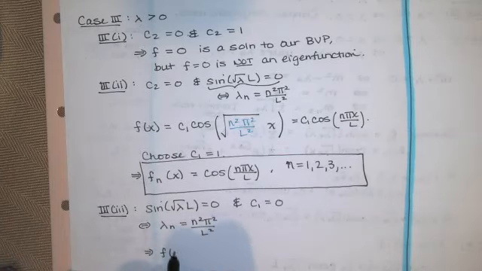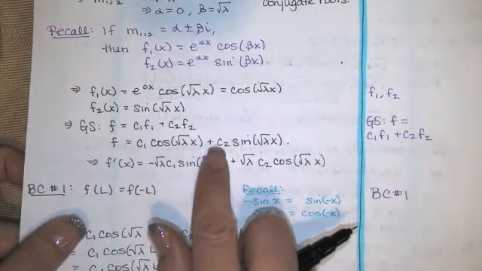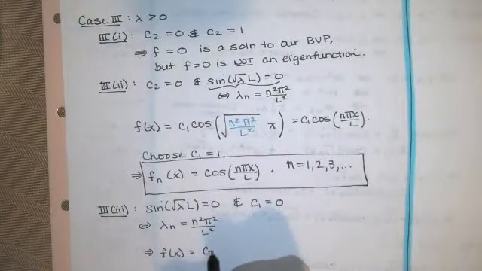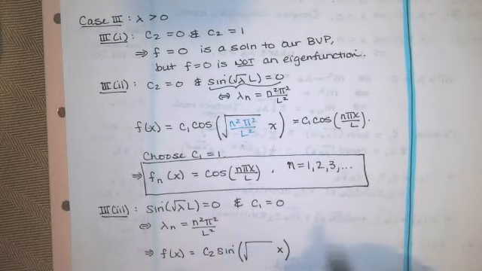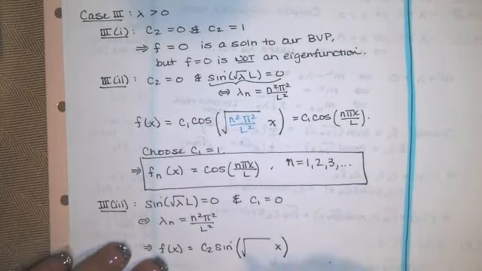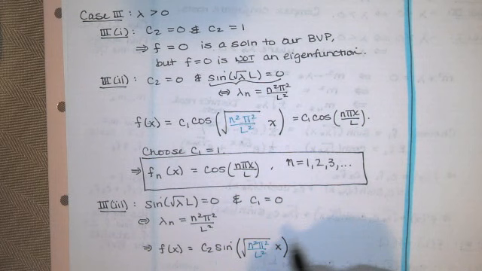So in that case, f of x is equal to this. If C1 is equal to 0, we have 0 times this plus C2 times that. And we're replacing lambda with n squared pi squared over L squared.